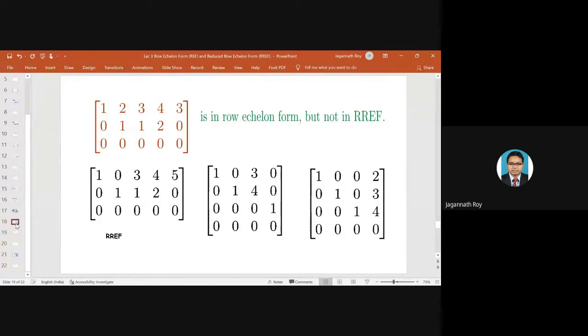So let us see some more examples and how we get this RREF. Again, by row operations, we can get the RREF, the reduced row echelon form.